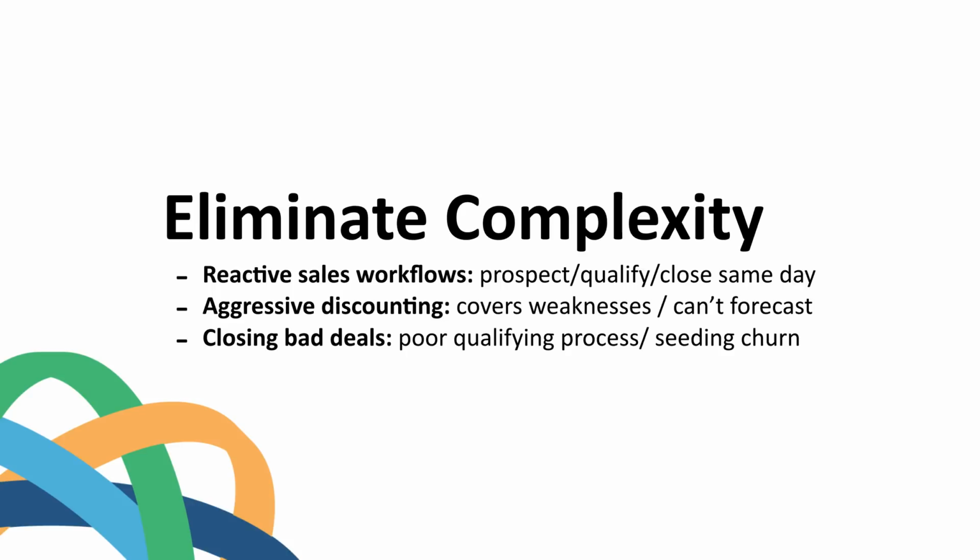Here are 3 simple places where SaaS sales machines usually introduce complexity unnecessarily. Number 1 is building sales processes and setting up your sales team in a way that's incredibly reactive, right? Your salespeople do 13 different tasks throughout their day, and they start and stop in the middle of these tasks at all times.